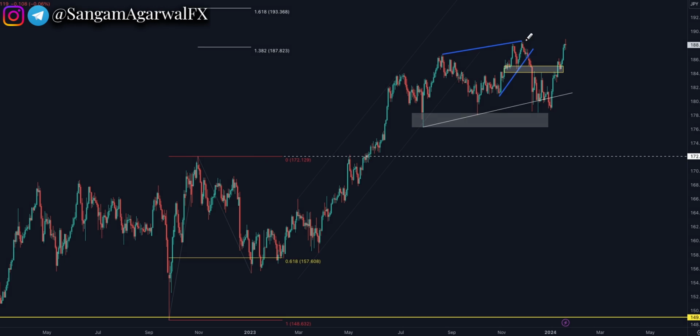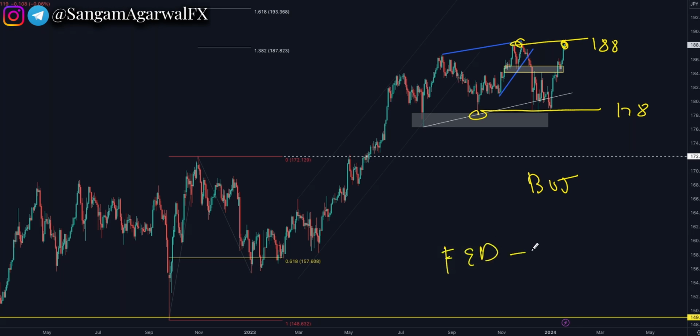And if this double top works, because the daily chart is testing this 188 level a third time, if this horizontal resistance works, then it will not stop before 178, and it depends on the BOJ monetary policy decision, because when the Fed shifts from zero to high interest rate, all the G7 central banks will change their monetary policy including the BOJ.